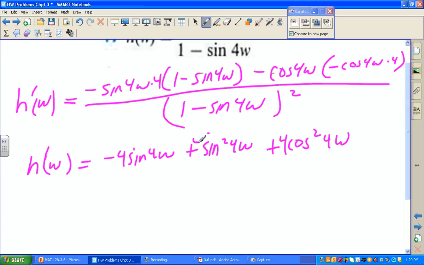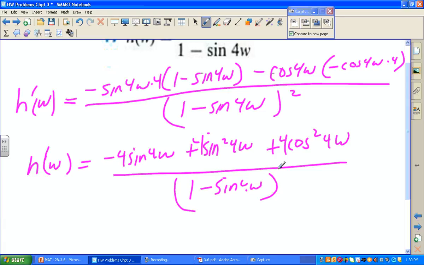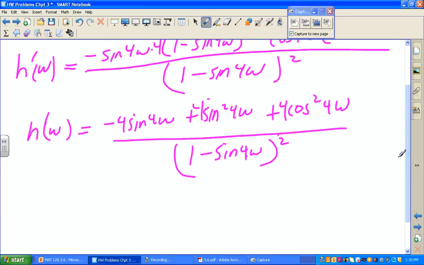And that's a 4. There we go. Yeah, that's over 1 minus sine of 4w squared. That looks pretty good, doesn't it? Which is 1? It's close, it's not 1.